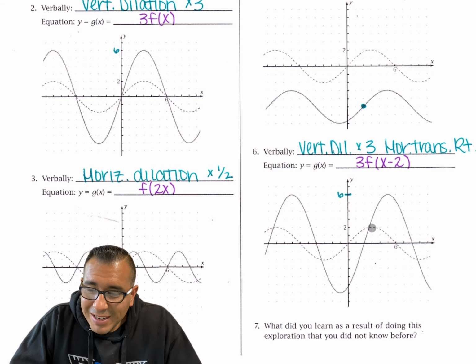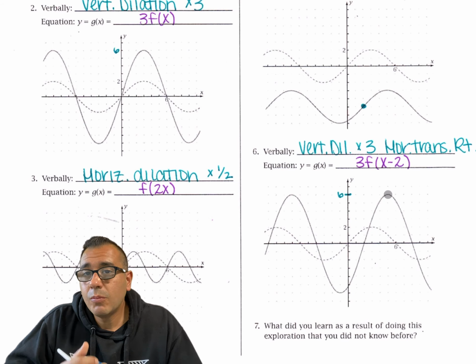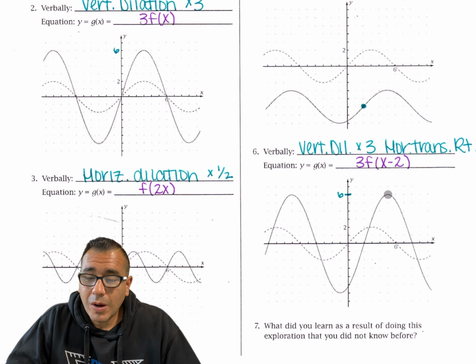And then notice, how did I get from this peak to this peak over here? I had to move it 1, 2 units to the right. Looking at the x direction, to get from this x value to this x value, I have to move it 2 places to the right.